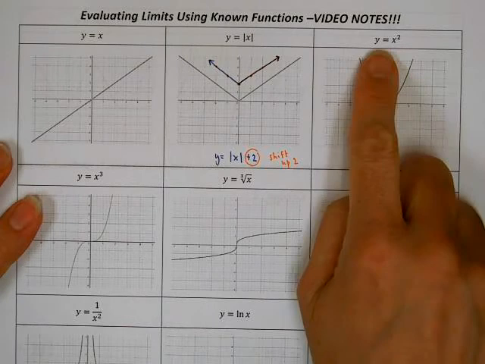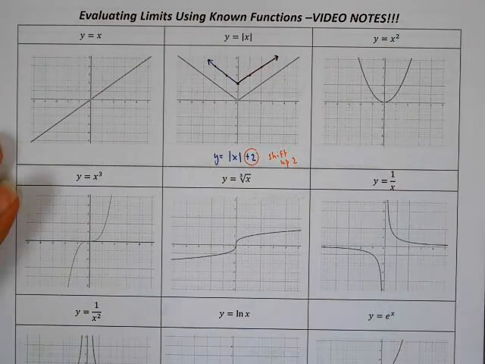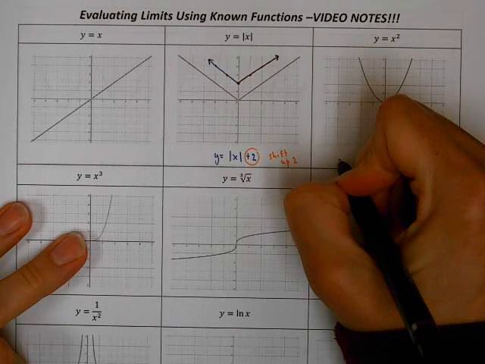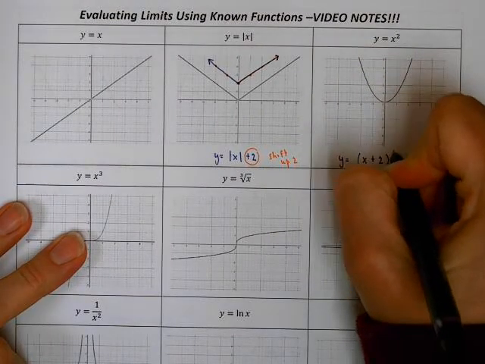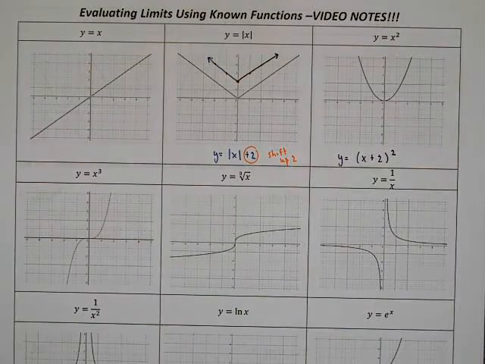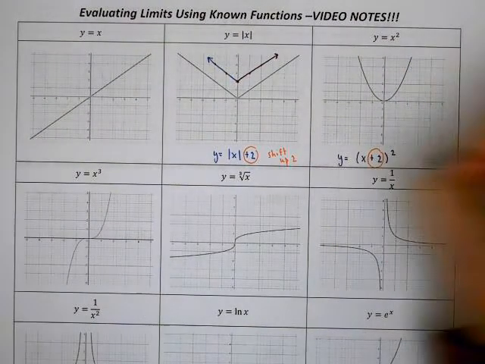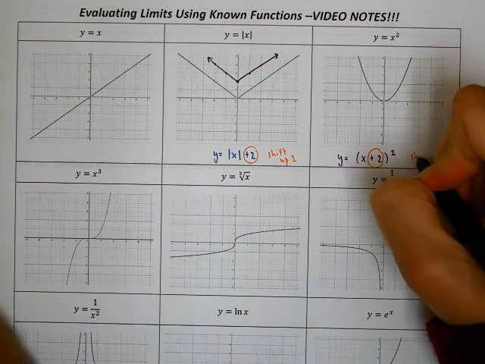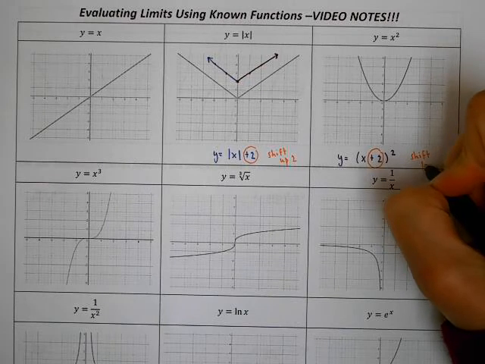Same thing, if I took something like y equals x squared that we should all be pretty familiar with, and let's say I wanted to look at y equals x plus 2 quantity squared. In this case, hopefully we all recognize that this plus 2 is going to shift the graph left 2.